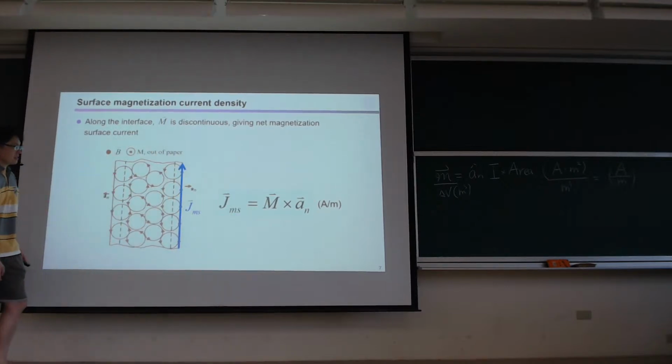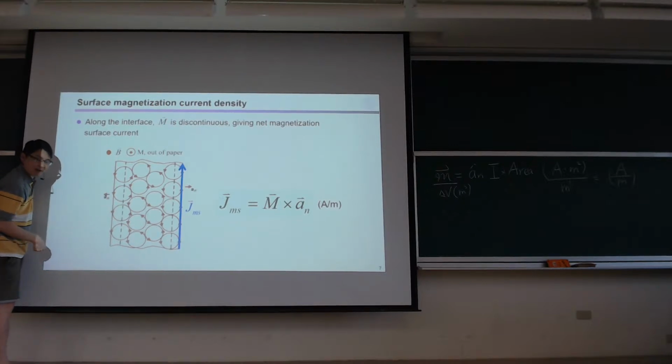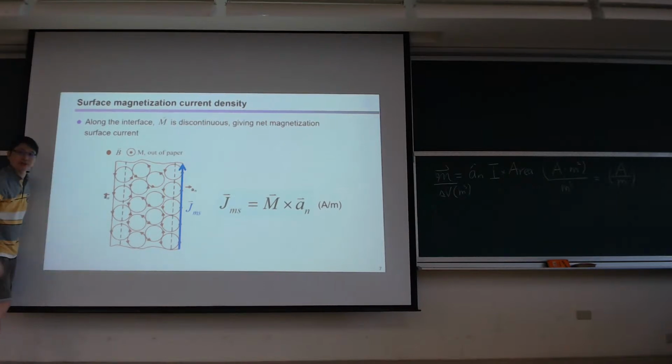So in this case, M is still pointing out of the paper, but now the surface normal is pointing to the left. So this M cross n is now pointing downwards. So that is okay. We have double checked. This simple mathematical formulation holds, right? It holds.